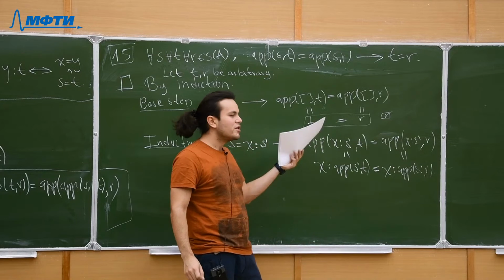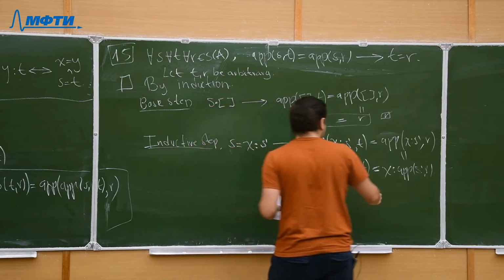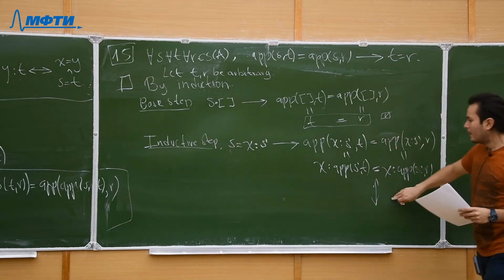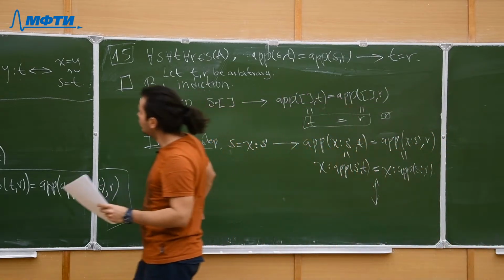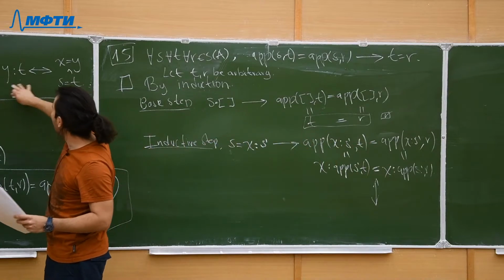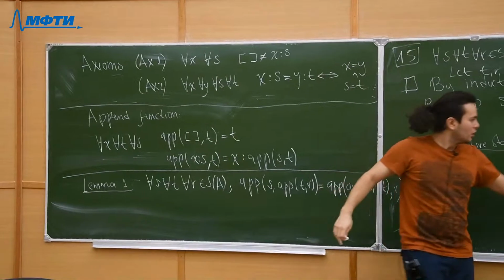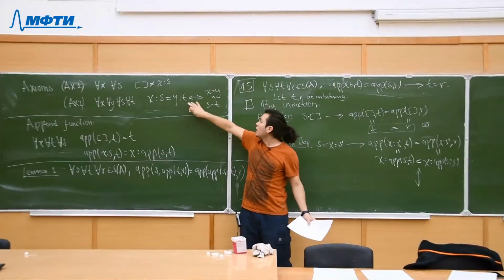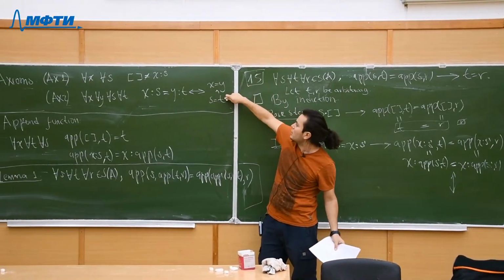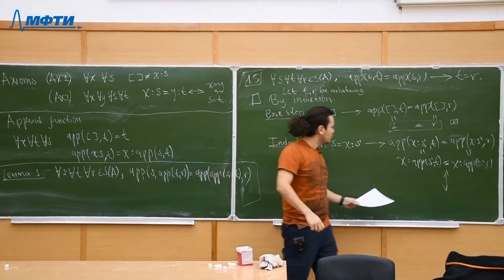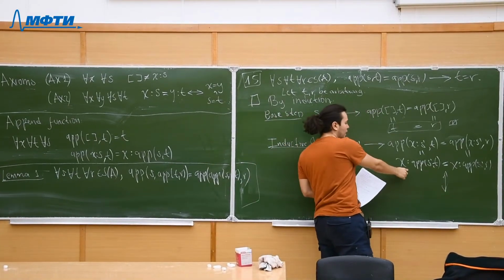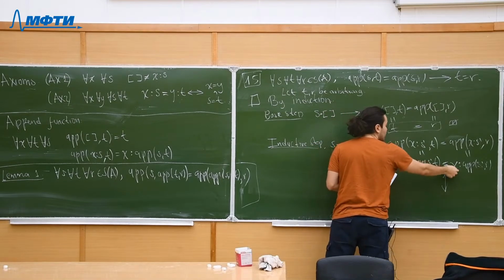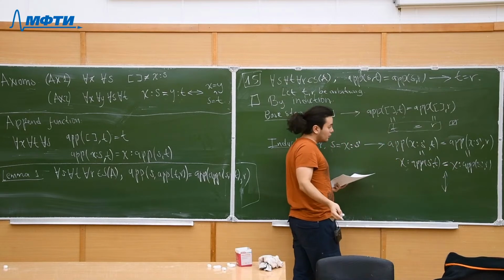But when is this true? This is true if and only if what? We have to look at the definition. Two strings are equal if and only if their heads and their tails are the same. So this is if and only if x is equal to x, which is true.